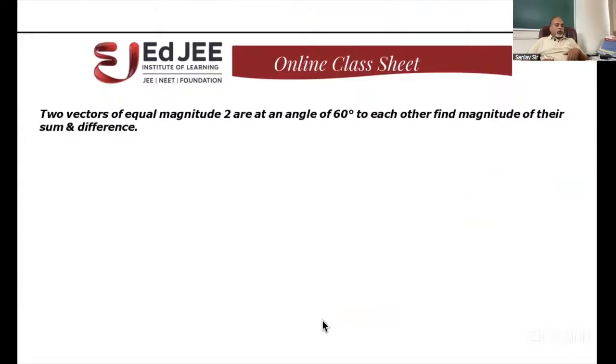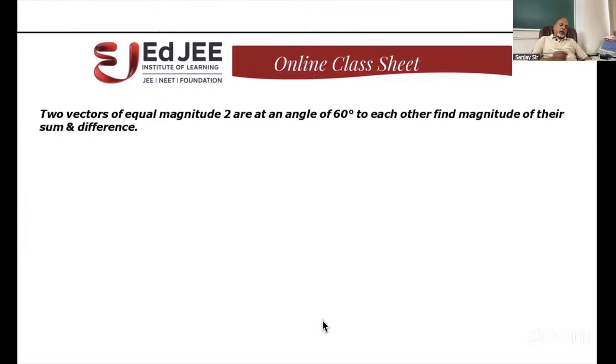Two vectors of equal magnitude, two are at an angle of 60 degrees to each other. Find the magnitude of their sum and difference. Correct.